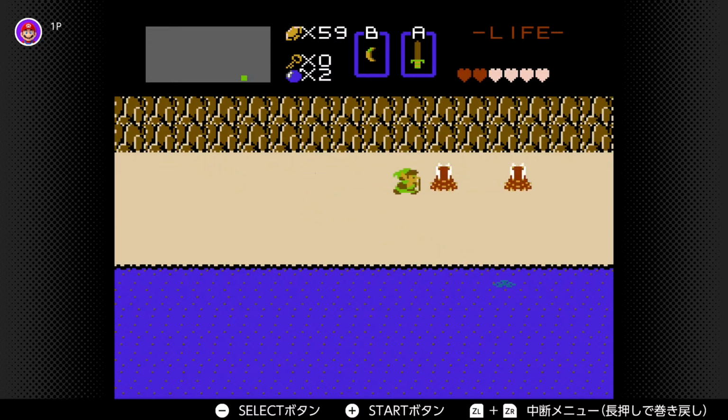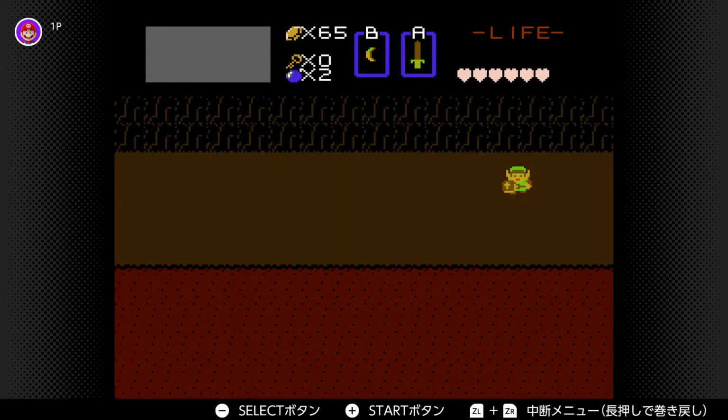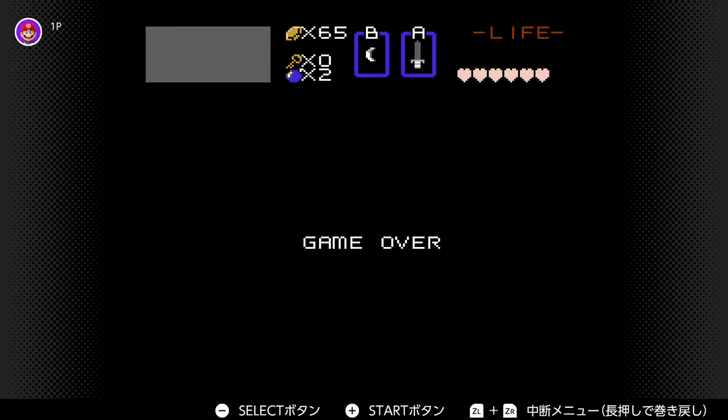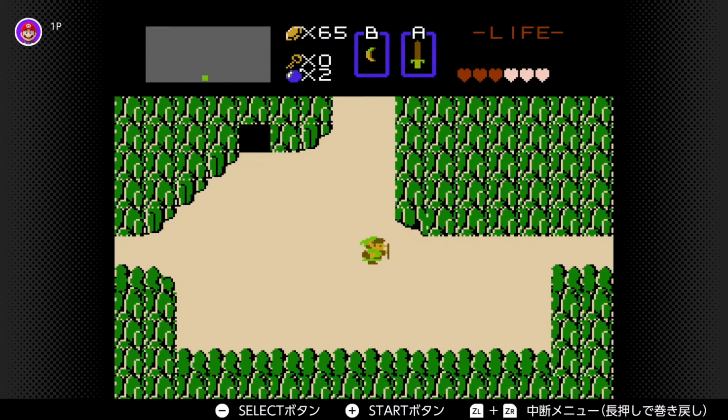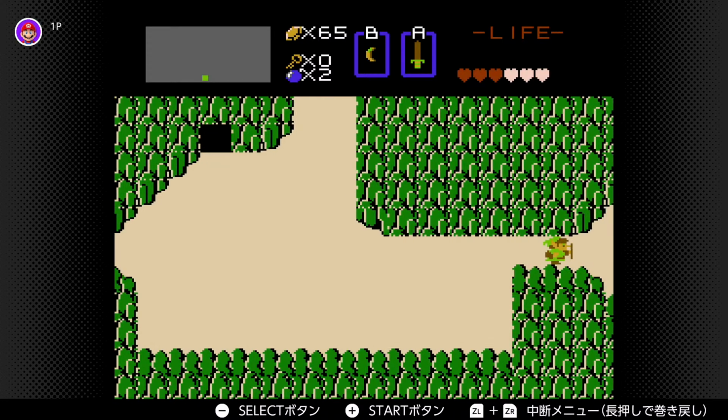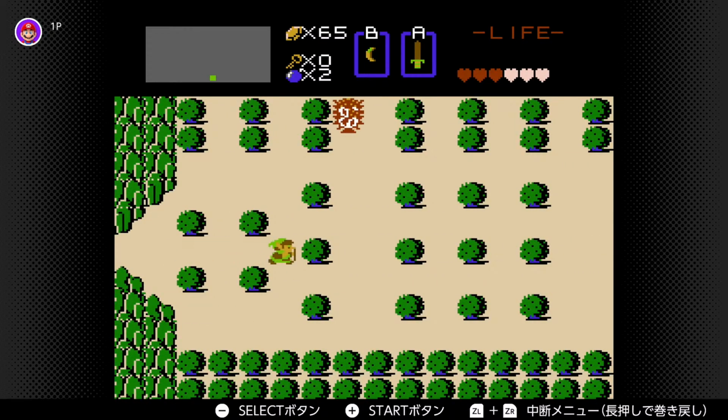Maybe there's also a cave on the screen, but I'm not risking using my bombs now. Oh boy. Yeah, of course I died. Actually, it was close enough, so we get there quickly.